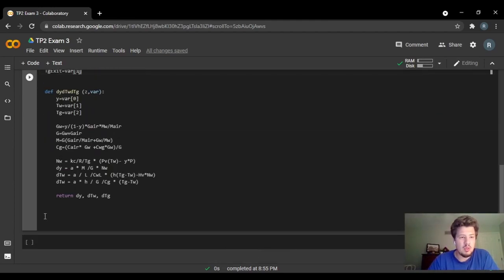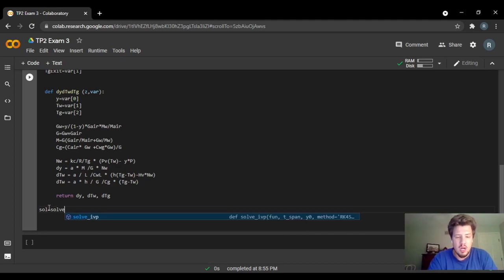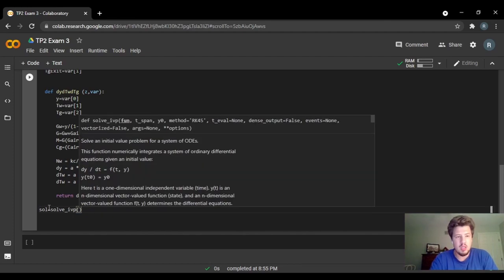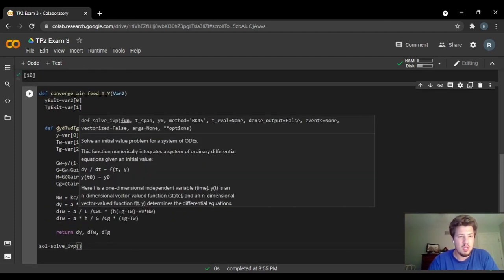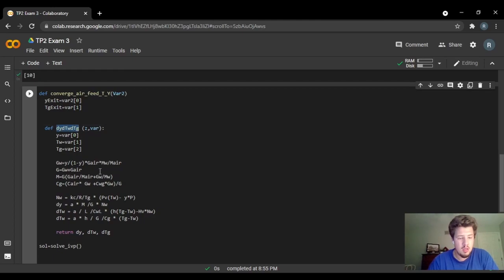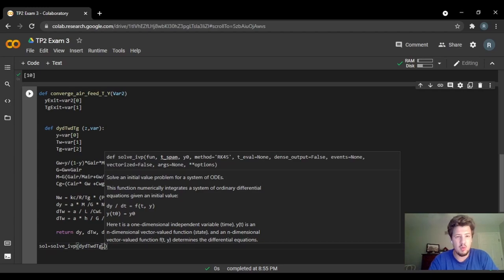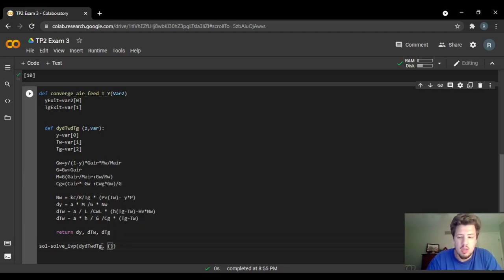Now we want to put in our IVP. So we're going to do solution is equal to solve underscore IVP. Now the IVP, we need to give it this, because that's what we want to evaluate it at. We need to give it a span, which is the height of the column.